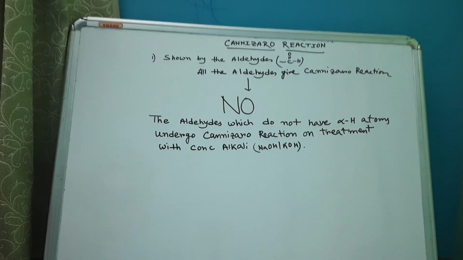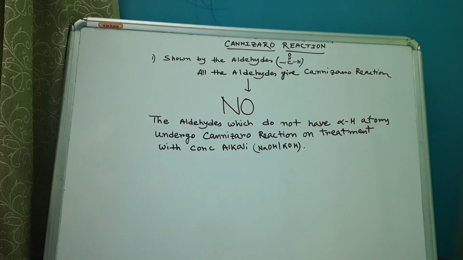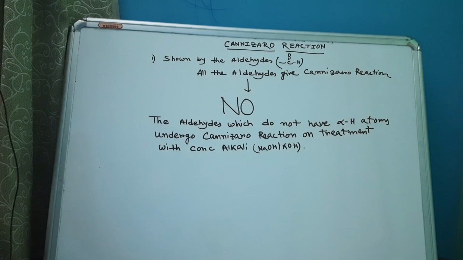So this is the main funda of the Cannizzaro reaction. The aldehydes which don't have alpha hydrogen atoms undergo Cannizzaro reactions.